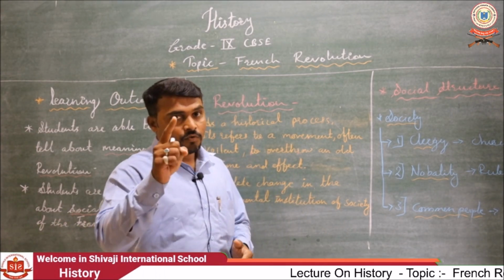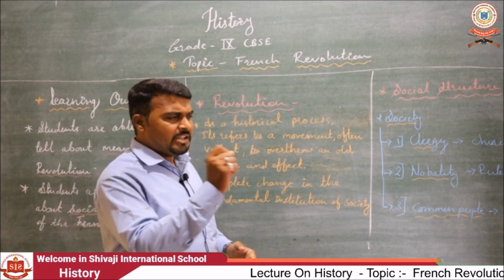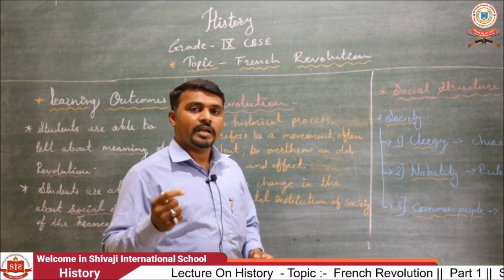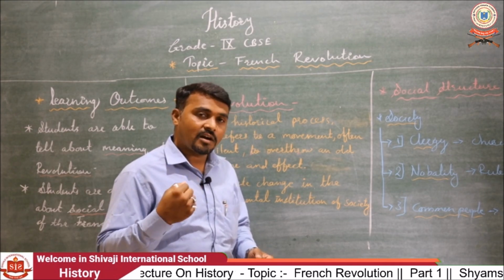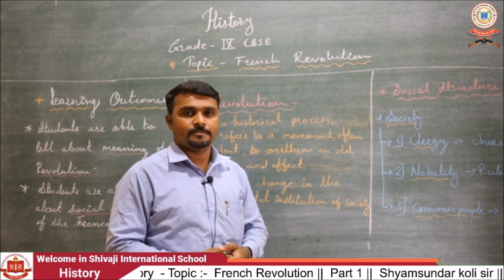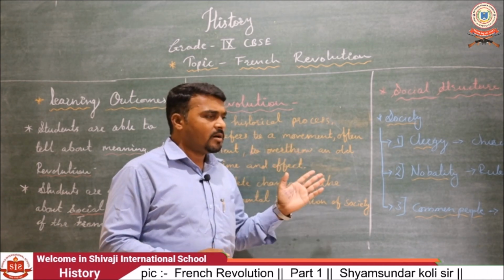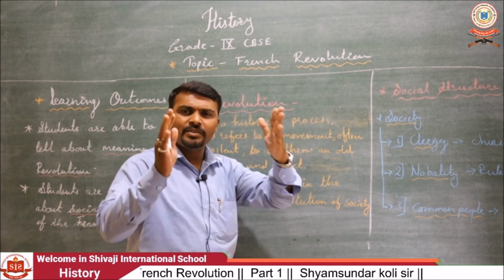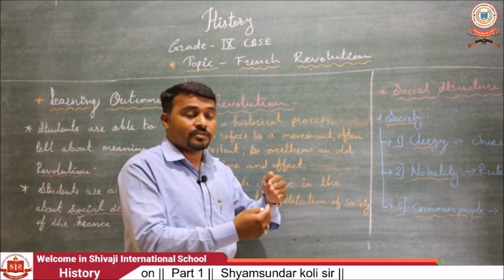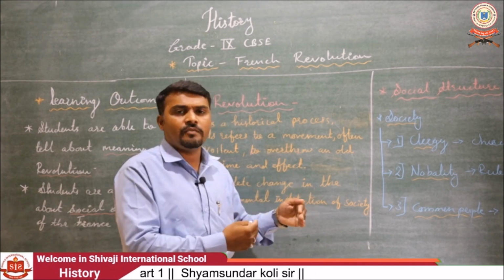If we want to understand any country's history, we first have to understand our own country's history. Then you can easily compare it with other countries. In history, most of the events happen the same way, but the weightage, the place, the name of the person or the name of the event changes a little bit.